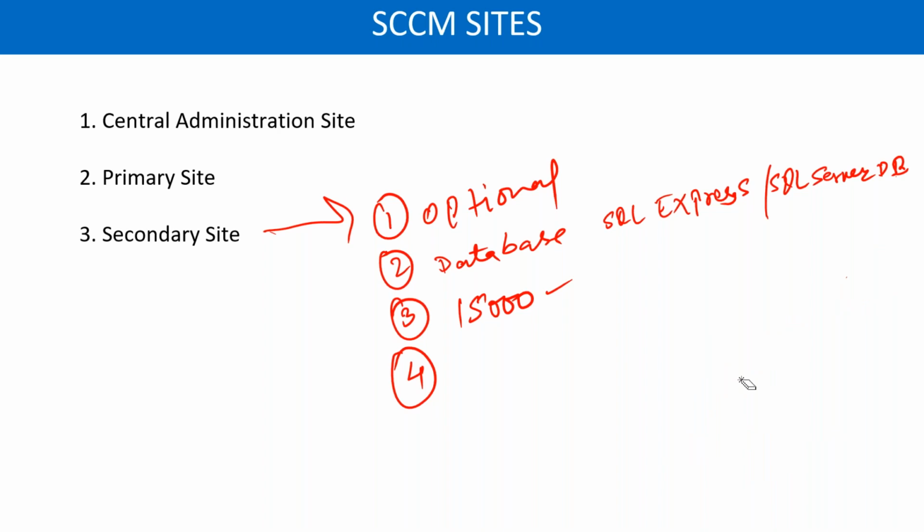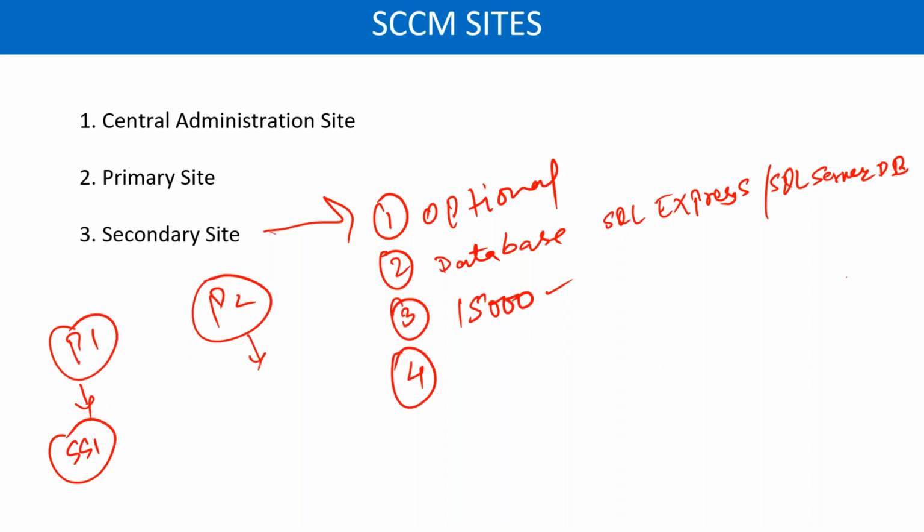Now, can anyone tell me, can a secondary site exist without a primary? Let's say you don't have any primary. Can a secondary site exist? No, I don't think so. Not possible. Can a primary site exist without a secondary? Yes, possible. Now, suppose you have one primary site here, another primary site here, and you have secondary site 1 and secondary site 2. Can this secondary site point to this other primary? No, not possible, right?